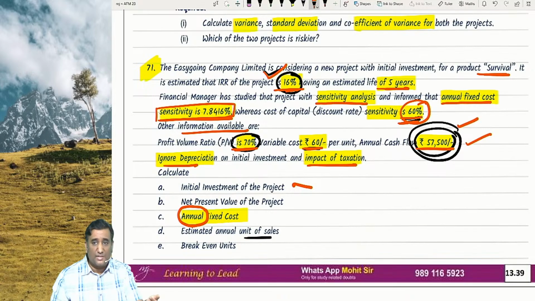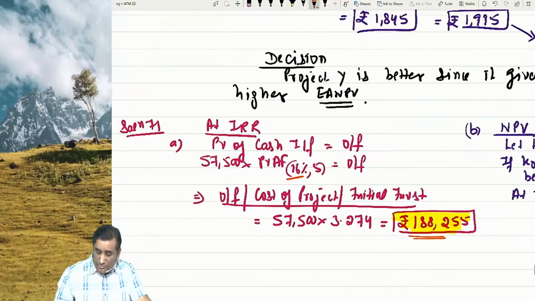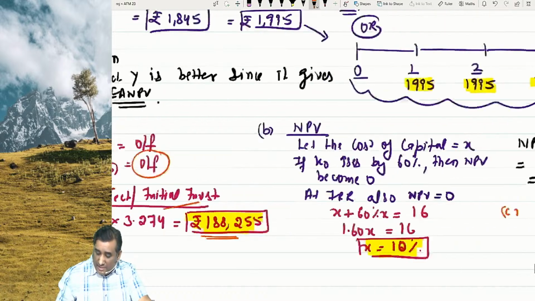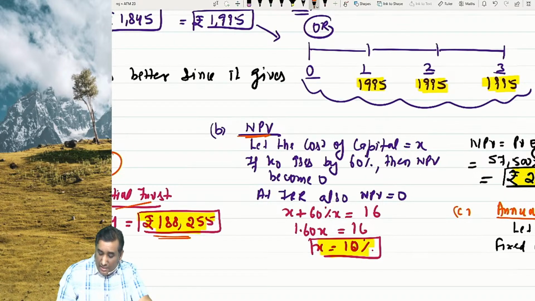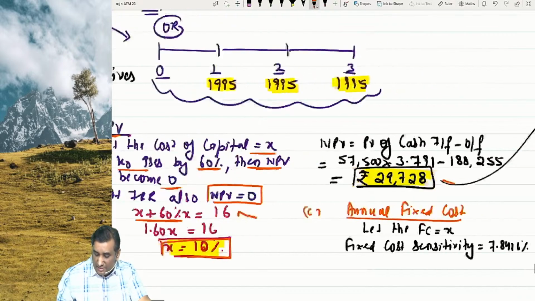So the first part, at IRR I know inflow is equal to outflow, I get my outflow, cost of project, initial investment, whatever you want to call it. Second, let the cost of capital be equal to X. If Ko increases by 60%, then NPV becomes 0. At IRR also we know NPV is 0. It means X plus 0.6X should be equal to 16. So your X would be equal to 10%.